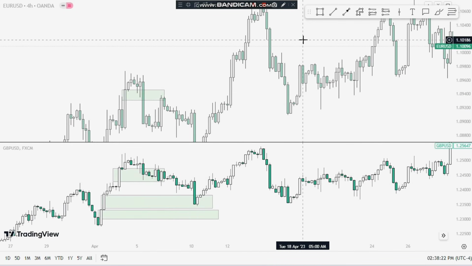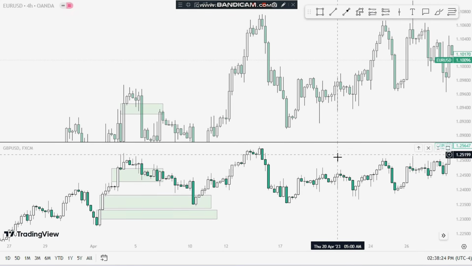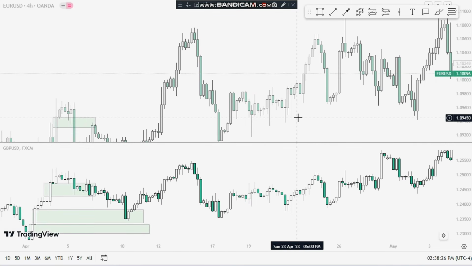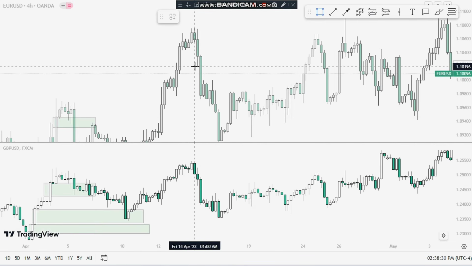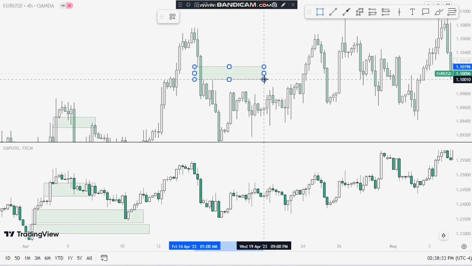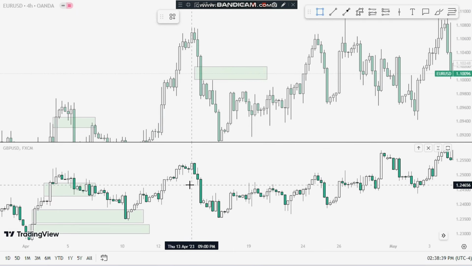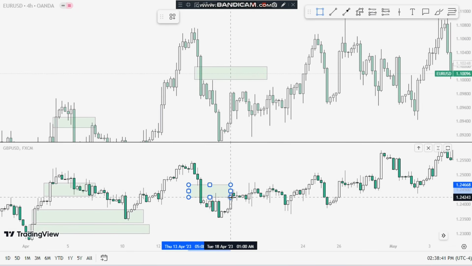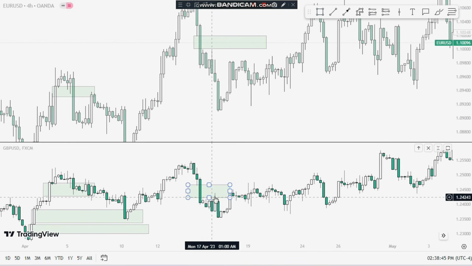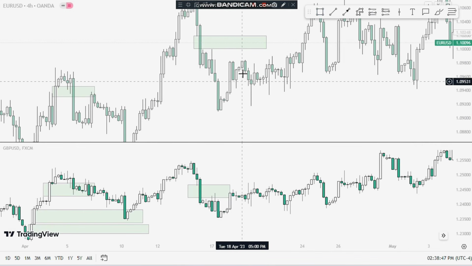Now I will show you another example. Okay, the bearish case. Now you can see this fair value gap. Okay, you can see that the fair value gap didn't get filled in euro. Now if you look at the same fair value gap here in the GBP, it got filled, so you can see that the price came down from here.